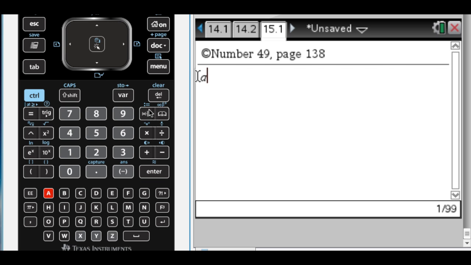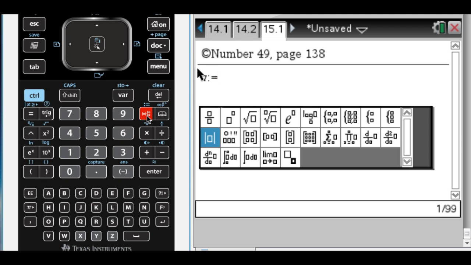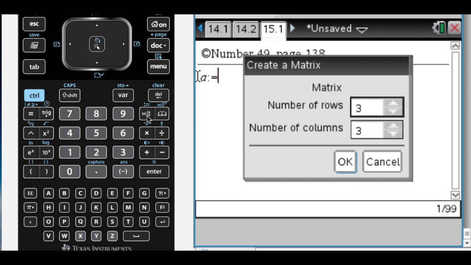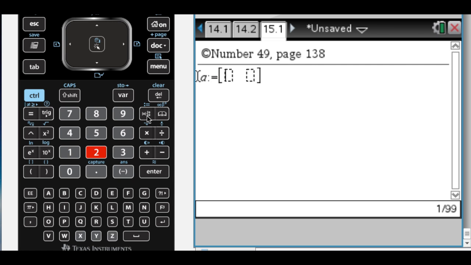Okay, so let's define our matrices. So we get A, and I'm going to press templates, and if you go to the one that looks kind of like a 3 by 3, that's more like a generic thing, so it's actually this. So I'm going to make it a 1 by 2. All right, and just go with 3 and 5.